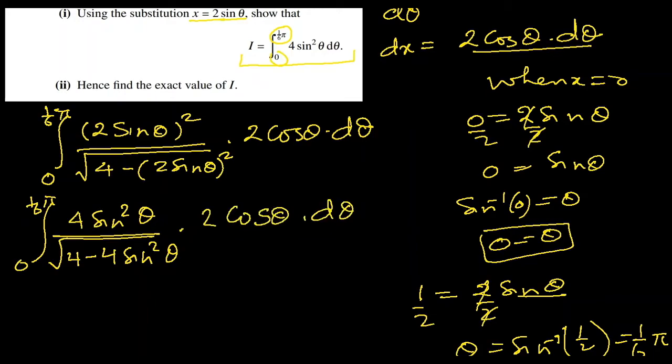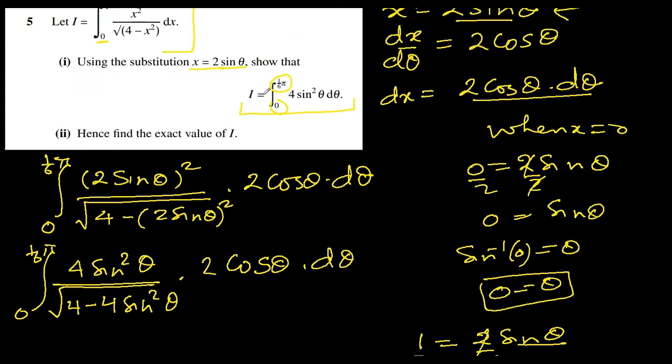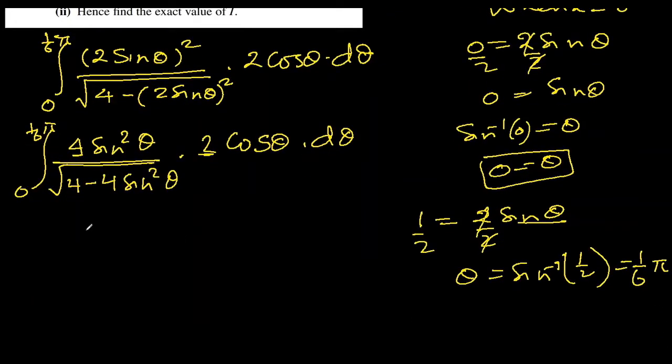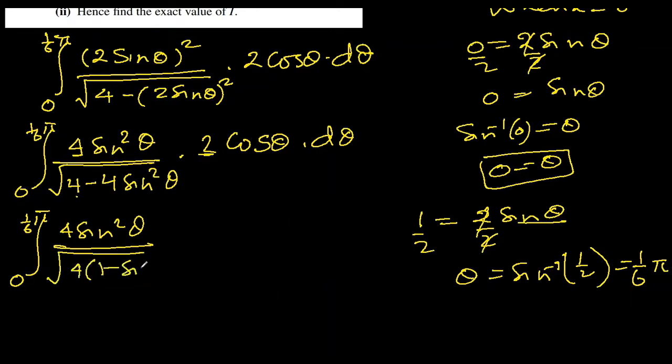If I look at my target here, it is 4 sine squared theta, which is already there. So I'm not multiplying this 4 and this 2 for the time being, because I expect this to go. So let's continue. 0 to 1 over 6 pi, 4 sine squared theta. In these two, let's take 4 common. 1 minus sine squared theta, 2 cos theta d theta.